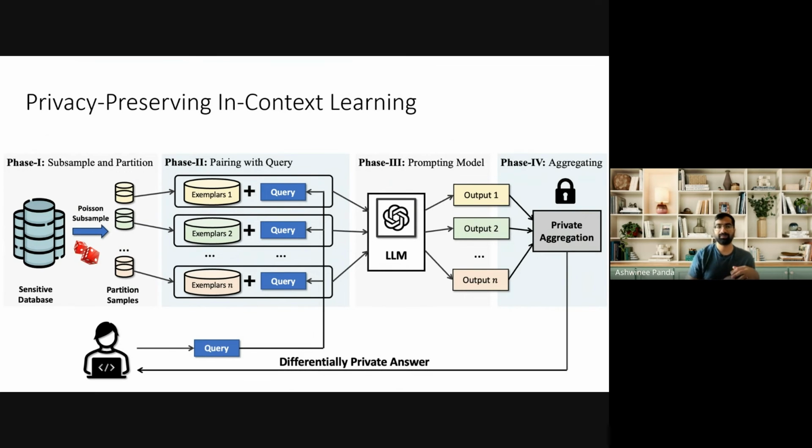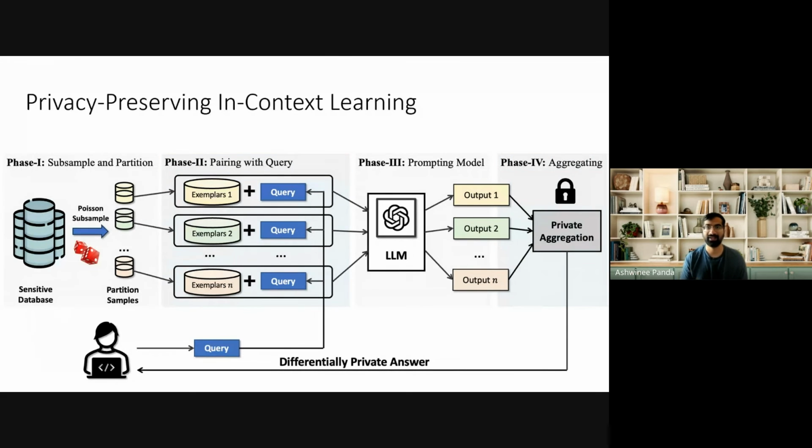The data we're trying to protect the privacy of is over here in this sensitive database. If we sample multiple disjoint sets from this with Poisson subsampling, then there is a high likelihood that the private data we want to protect is not going to be able to influence all of the different outputs that the language model has, because that language model is only conditioned on other data, not this neighboring data point.